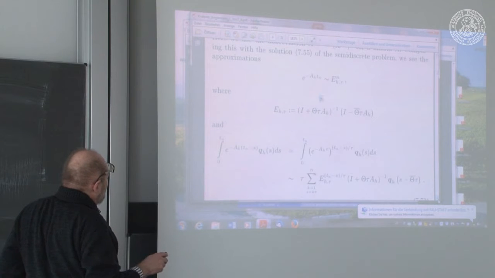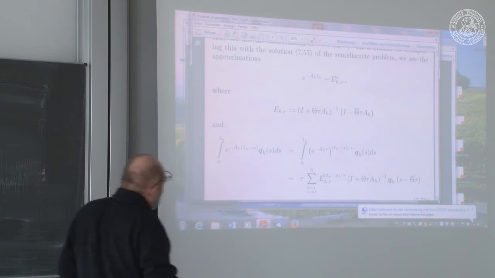On the continuous level in time, we would not have this rational function. We would have the exponential with the negative argument. So these approximation and stability properties, which come from this relation, play a role.